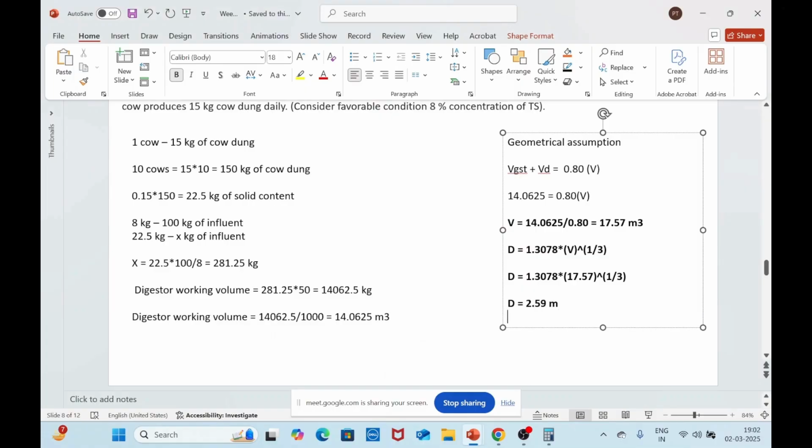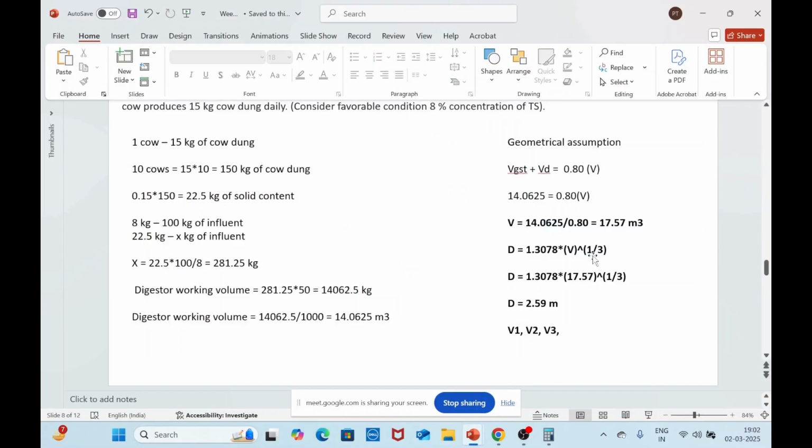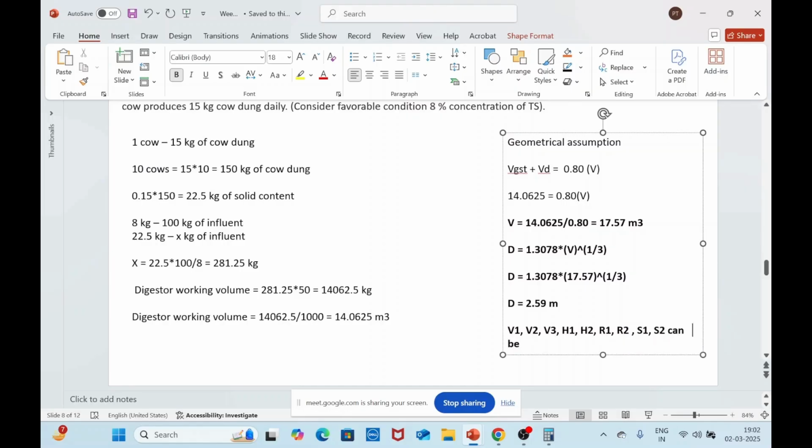meter. So once you now have D, then the volume of top head, bottom head, and the middle section, that is your cylindrical part, H1, H2, R1, R2, S1, S2, all these things can be calculated.